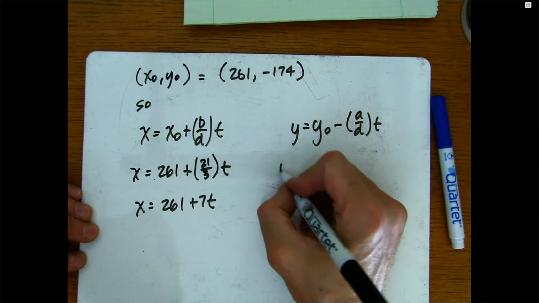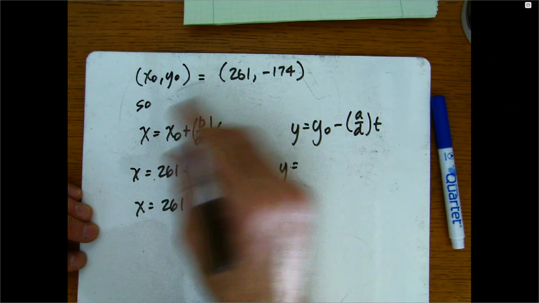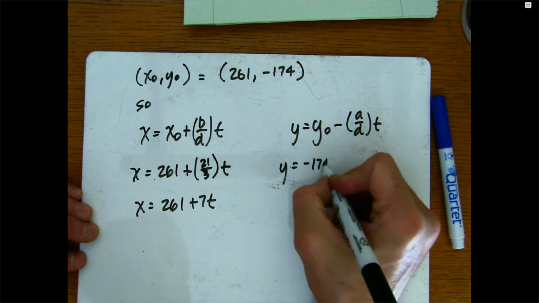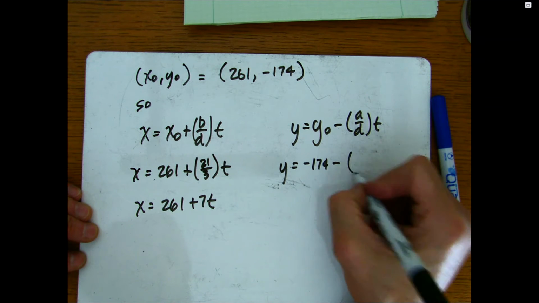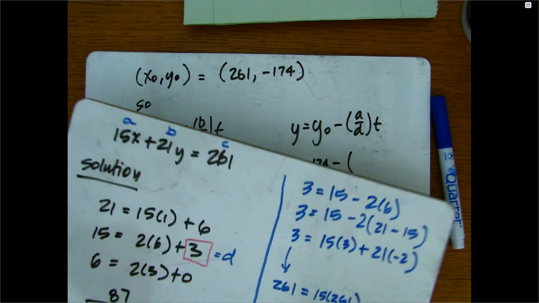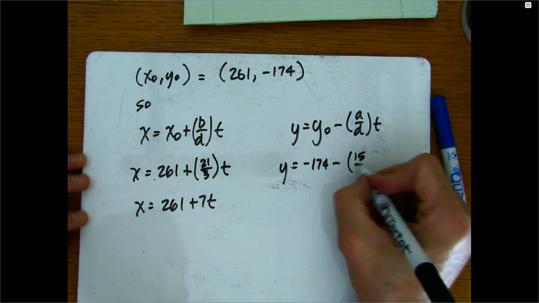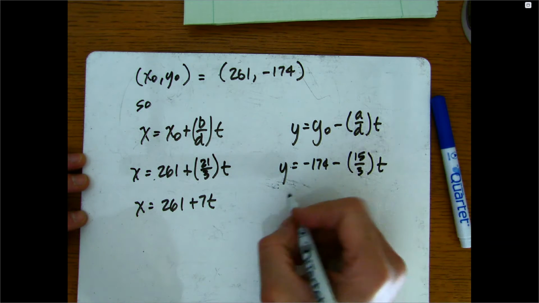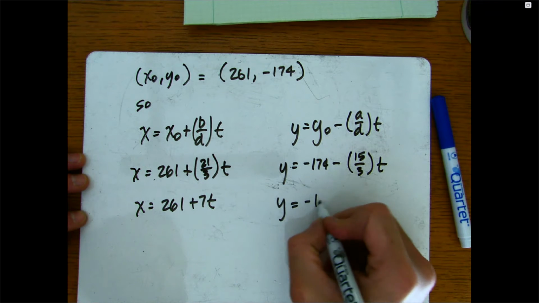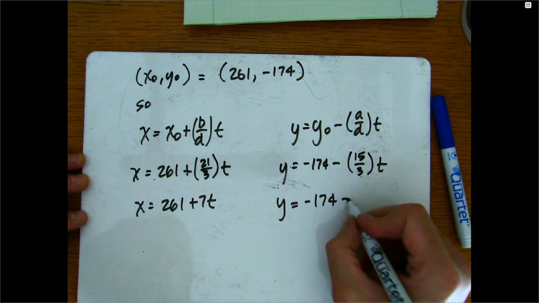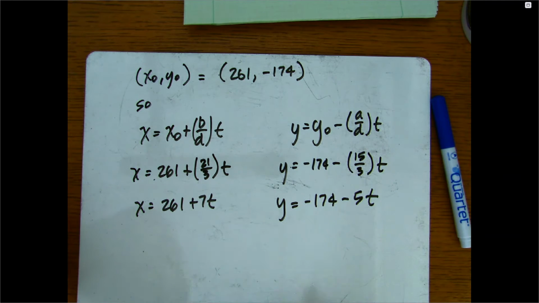And y is going to be y naught, so it's negative 174, minus a over d times t. So a is 15, so 15 divided by the GCD 3 times t, so that means y is equal to negative 174 minus 5t, and those would be the two general solutions for this particular Diophantine equation.